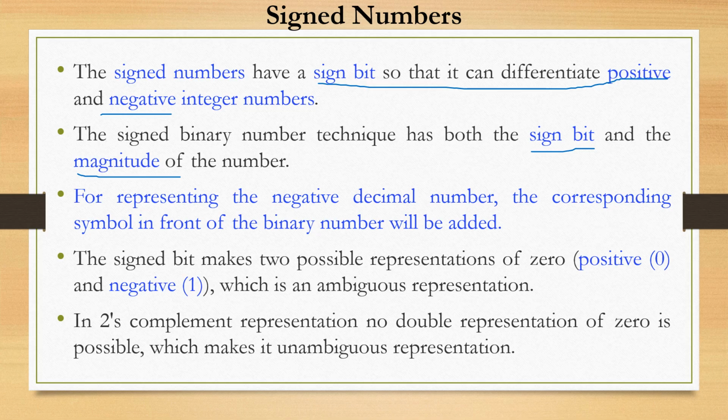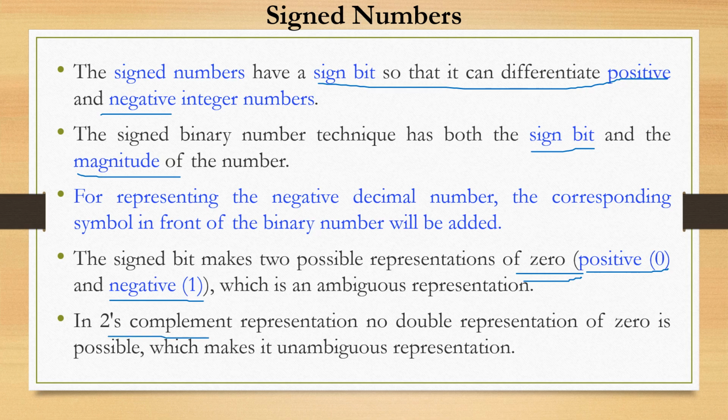So signed numbers have two possible representations of 0. Here is the interesting point: the signed number has two representations of 0, positive 0 and negative 0. The positive 0 is represented by 01, and the negative 0 by 10.